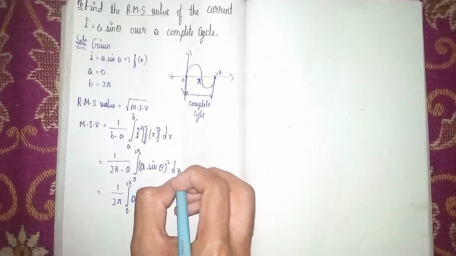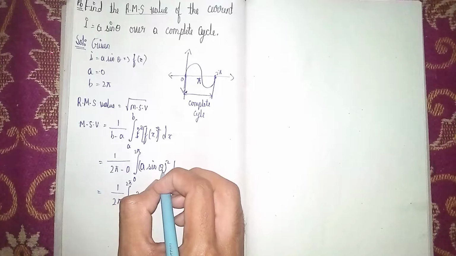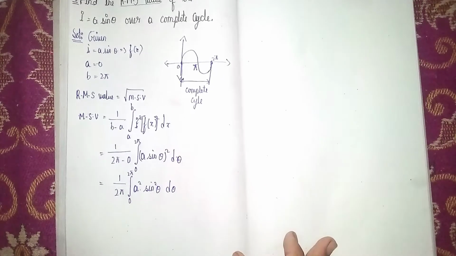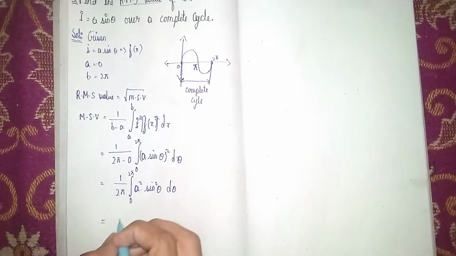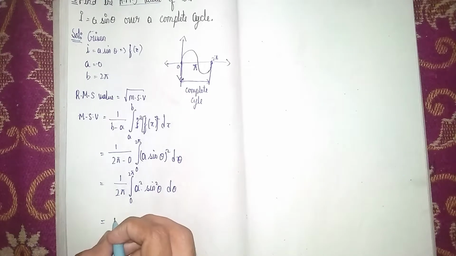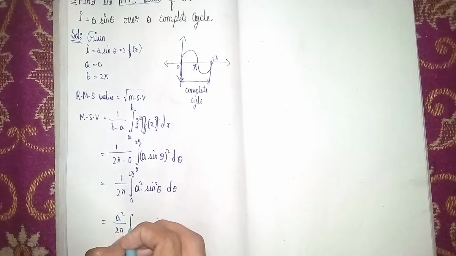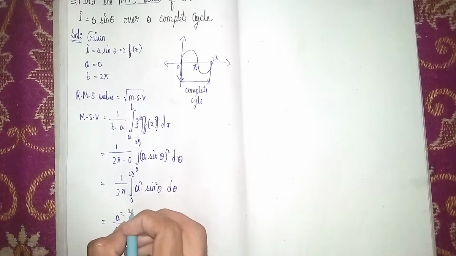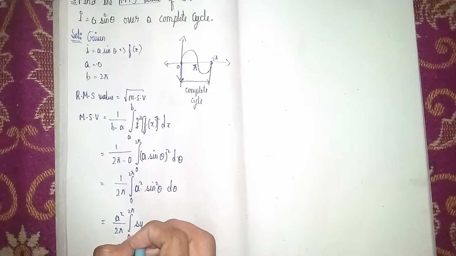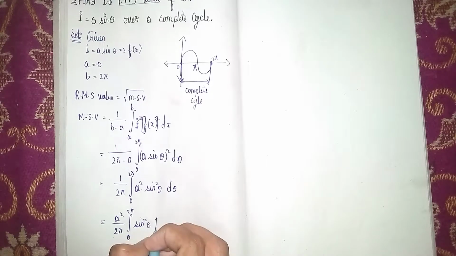Here theta comes, as we are integrating with respect to theta. Then take A square outside, so A square by 2 pi integrate 0 to 2 pi sine square theta d theta.